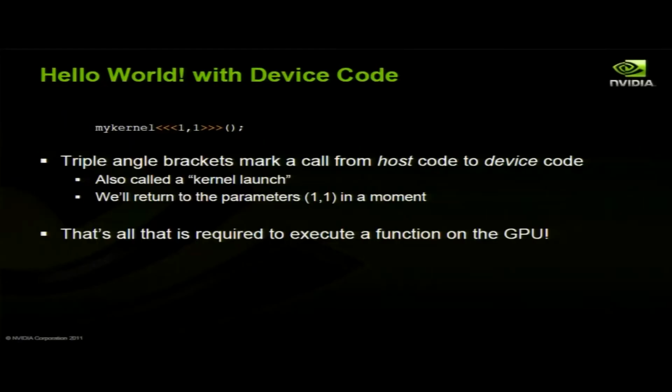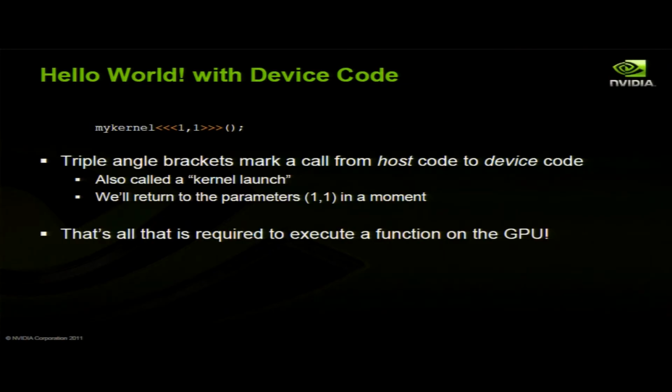On a Windows system, it will call the Microsoft compiler, right? So your CPU code is still compiled by your host compiler, while your GPU code is the only one which is extracted out by NVCC and then compiled for the GPU. Got it? So your host code does not change at all. It's just that in between you have taken out that code and you're going to run it on the GPU.